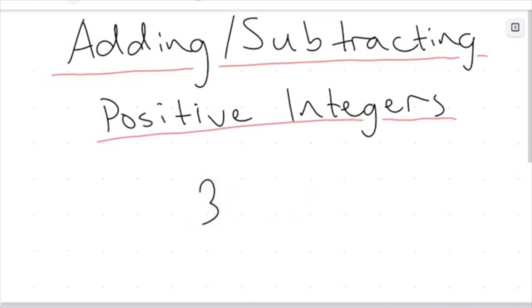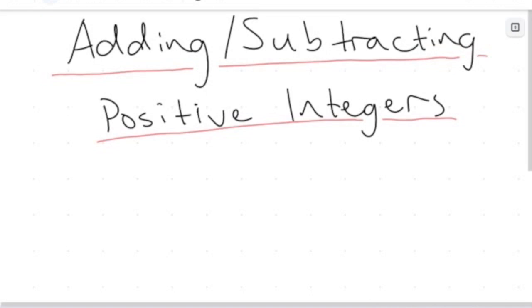What we're going to start to look at now is introducing the idea of working with the negative part of our number line, where some of our answers may be negative, or some of the numbers that we add may be negative as well.